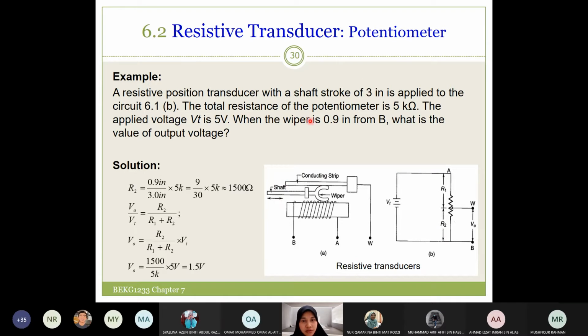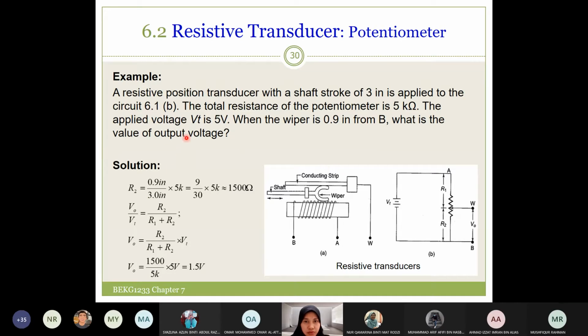The total resistance of the potentiometer is 5 kilo ohm, from A to B. The applied voltage VT is 5 volts. When the wiper is 0.9 inch from B, what is the value of the output voltage?